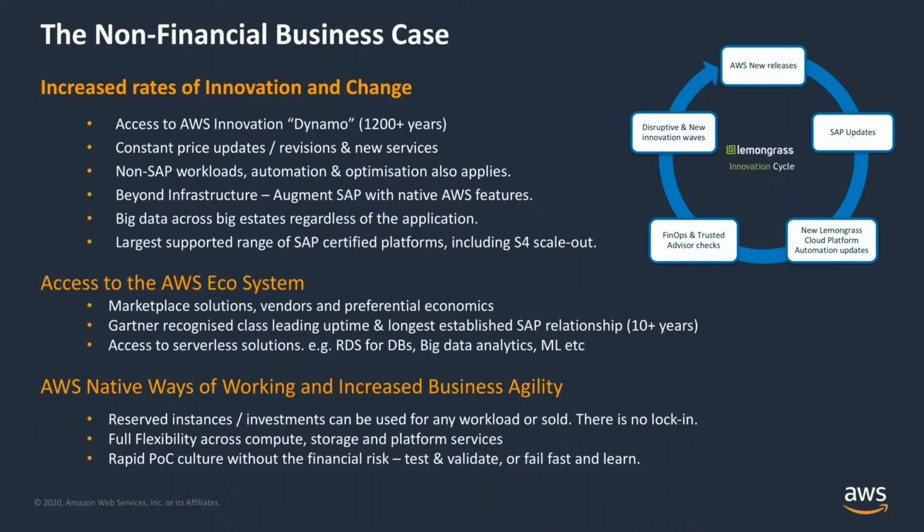So the first one is that when you've done the migration onto Amazon, you become part of a world of ongoing innovation. That innovation may be led by Amazon in terms of the instance types they have and the certified SAP platforms, technology, or it may be the innovation that's being driven by their partners.